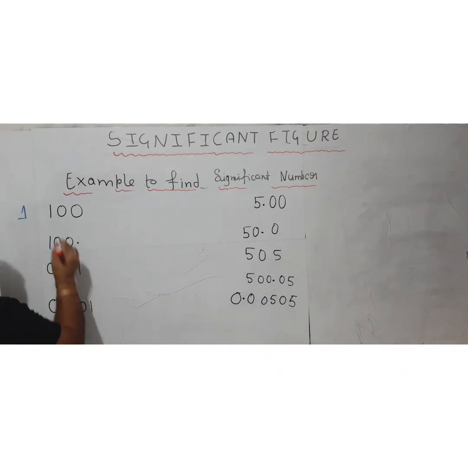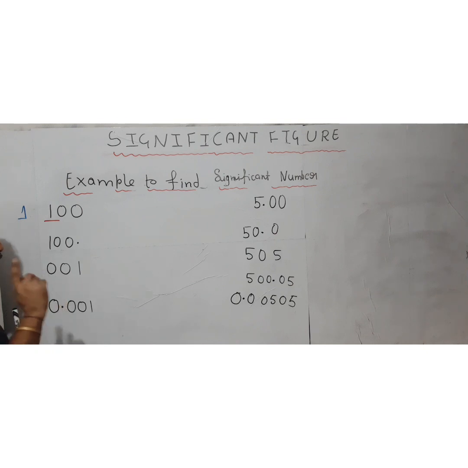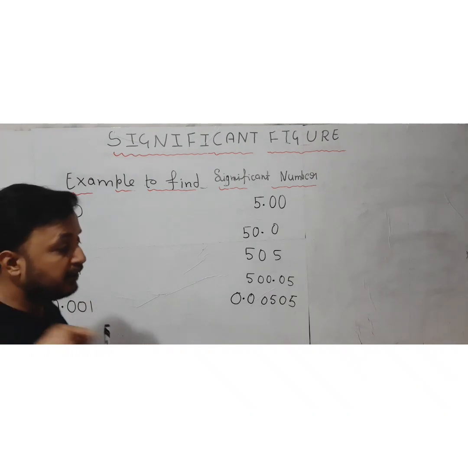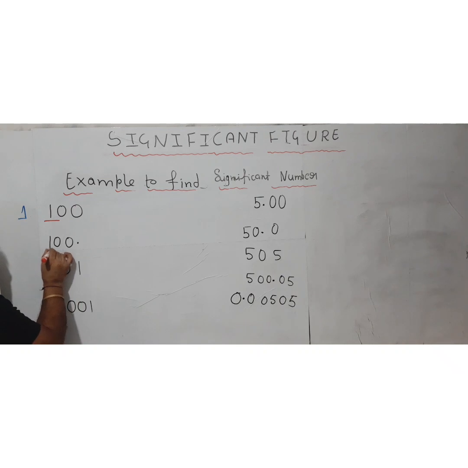So in this case, only one significant number is going to be there, that is 1. I have already underlined, you can see. Now in the second case, it is 100 but decimal is there. I told you in the rule also that if the zeros are followed after the non-zero digit and then decimal is placed, then all the zeros can also be counted as significant. So in this case, all 3 are going to be counted as the significant number.